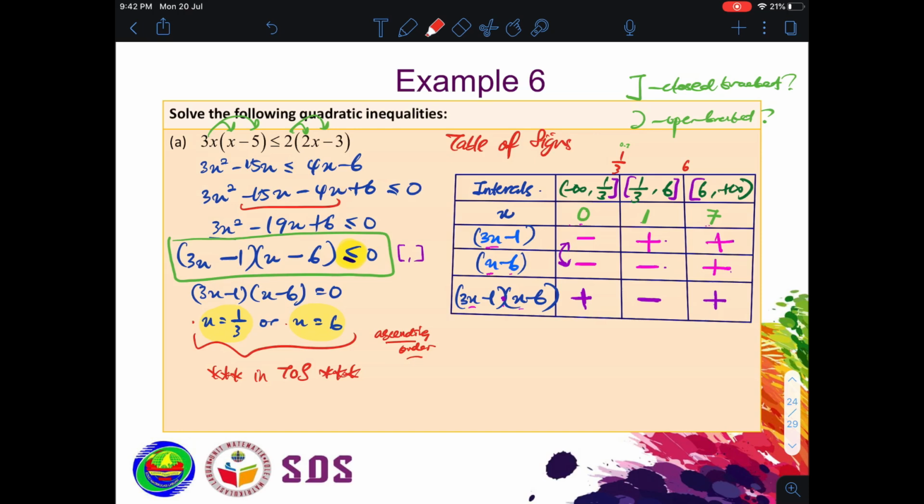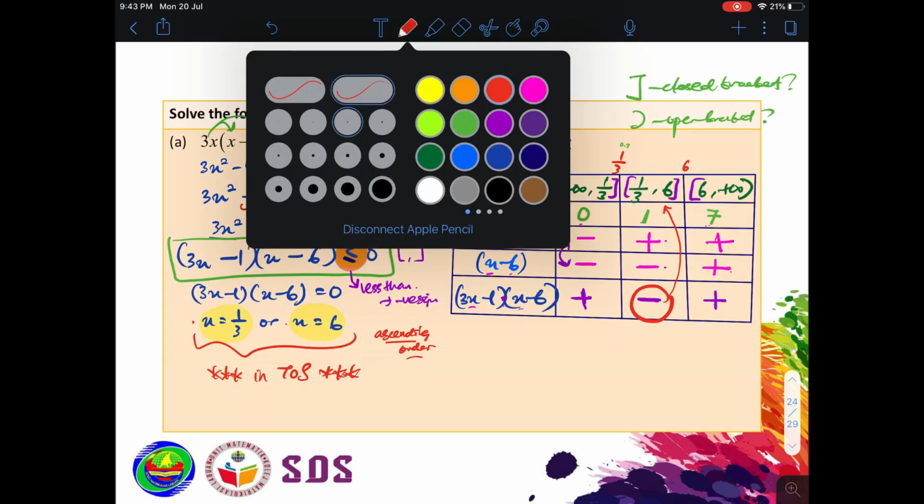I must choose my answer according to this particular inequality, which is less than. If you have a less than, you must choose the negative sign at the end of the answer, which is the negative sign here. Therefore our answer will be exactly this interval that we have written in the first part.